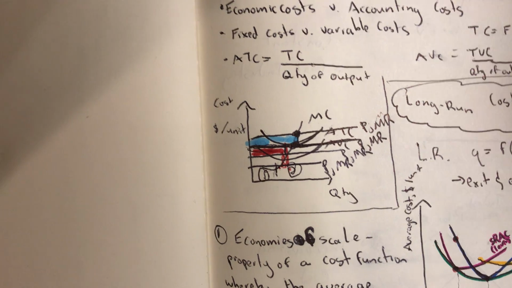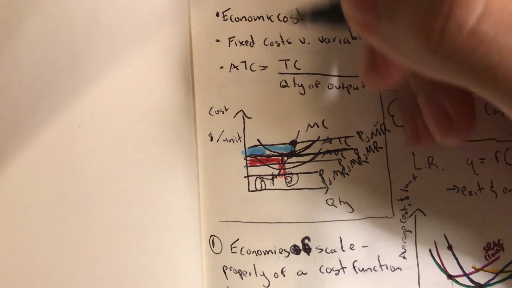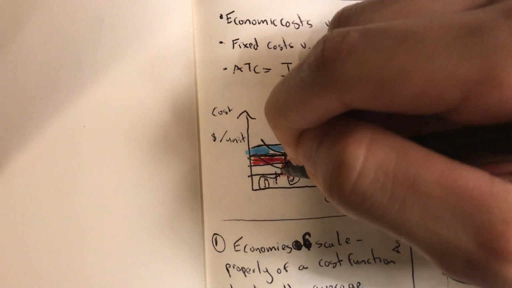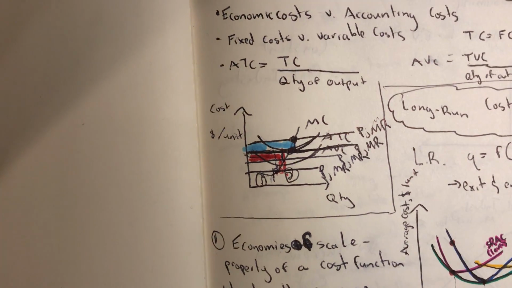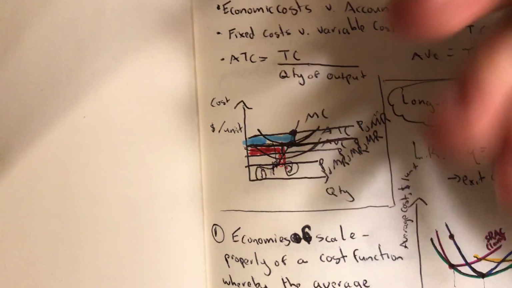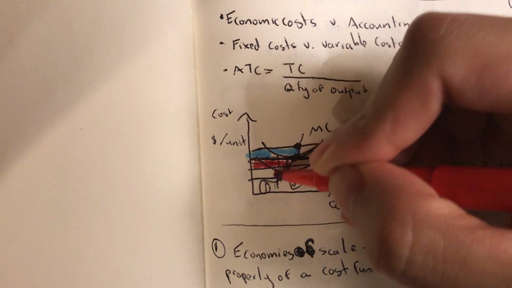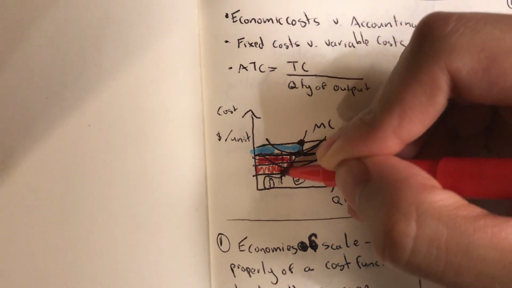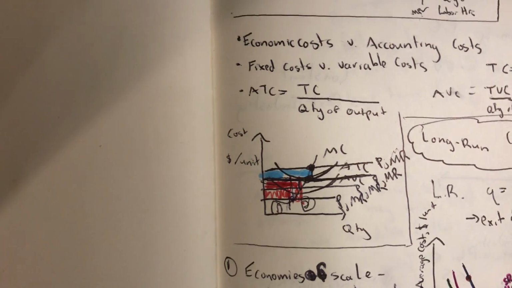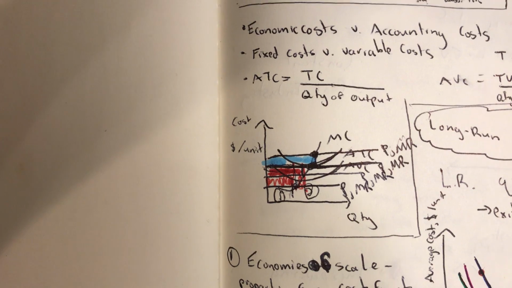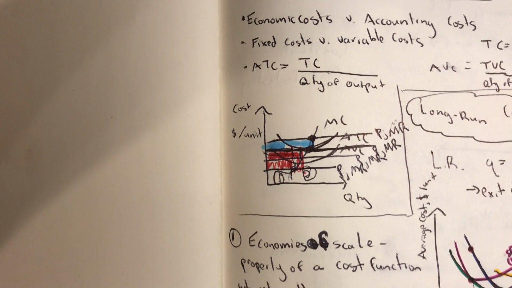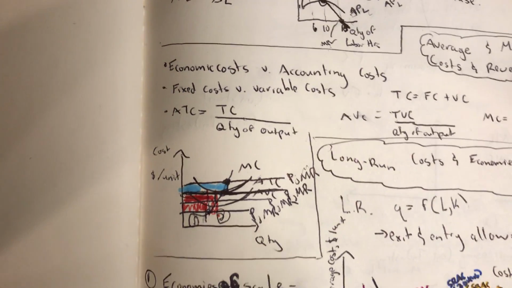Oops, I messed up, because profit maximization is always going to be the intersection of marginal revenue and marginal costs. So right here, and go all the way up to the ATC curve, and then this area right here would be the losses. But a firm in that scenario couldn't even pay its variable costs, its workers, so they would shut down in the short run and exit in the long run, right?